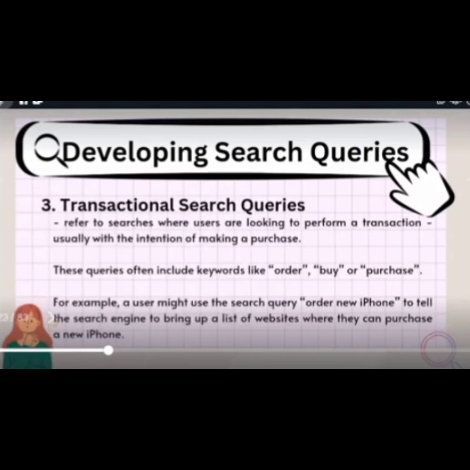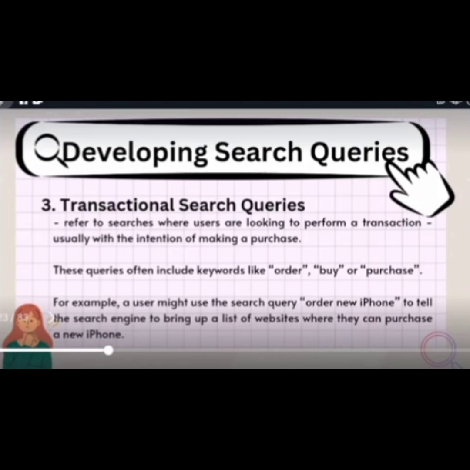Next we have transactional search queries, from the word transaction. With these searches, users are looking to perform a transaction, with the intention to make a purchase. Keywords for these search queries include order, buy, or purchase.